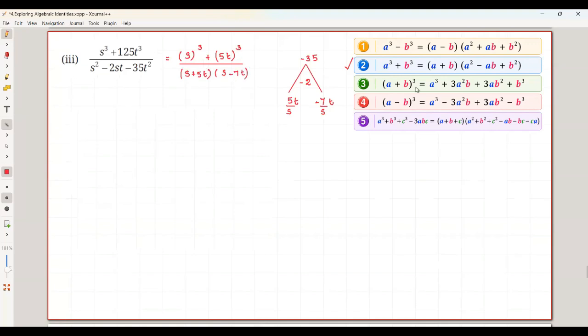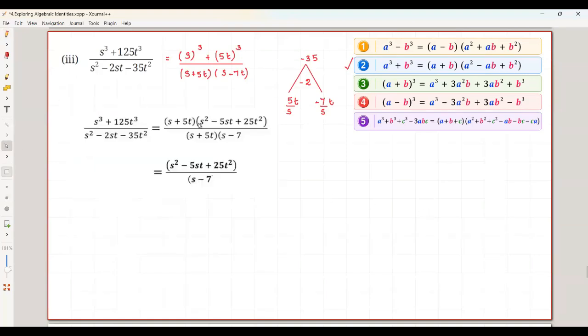For the numerator alone, this is in the form of a cube plus b cube. The formula is a plus b into a square minus ab plus b square. Expand with the formula: a plus b into a square minus ab plus b square. b square is 5, 5 square is 25, t square is t square.